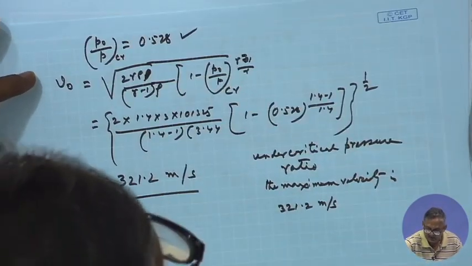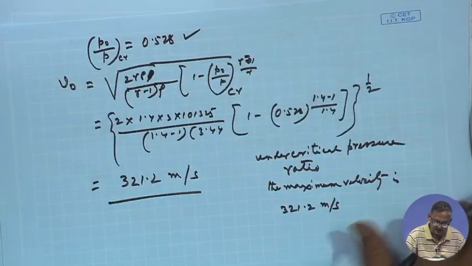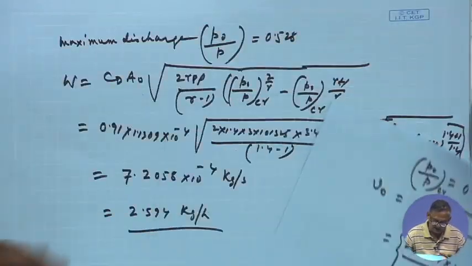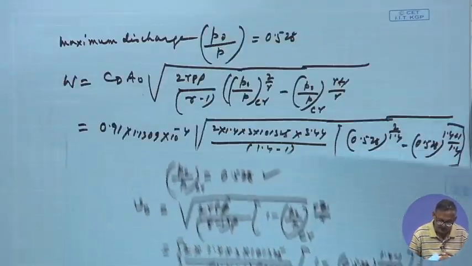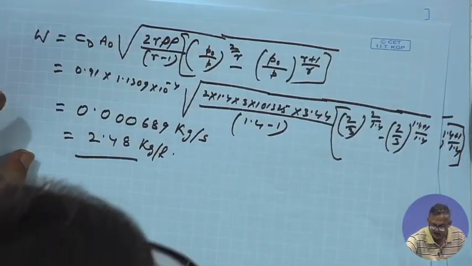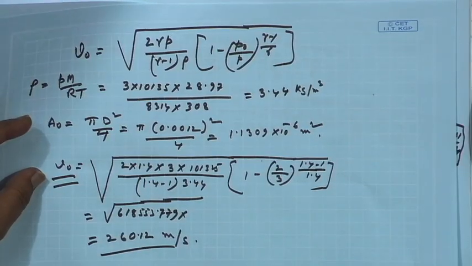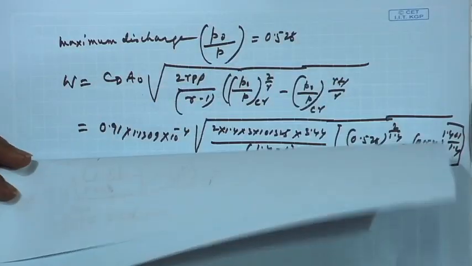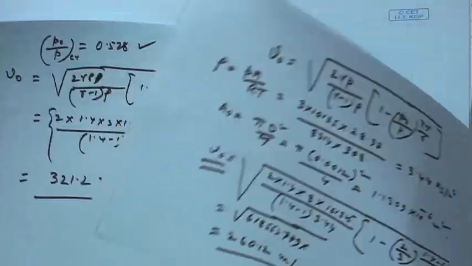So you see that the maximum discharge is 2.594 kg per hour, whereas the normal discharge is 2.48 kg per hour, and the maximum velocity is 321.2, whereas the velocity found earlier was 260.12.